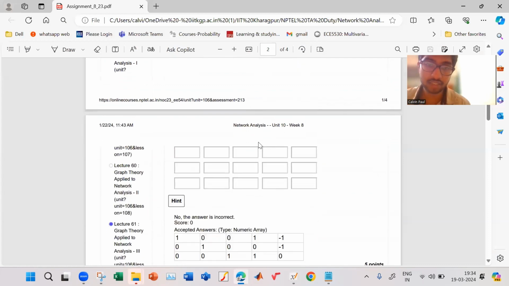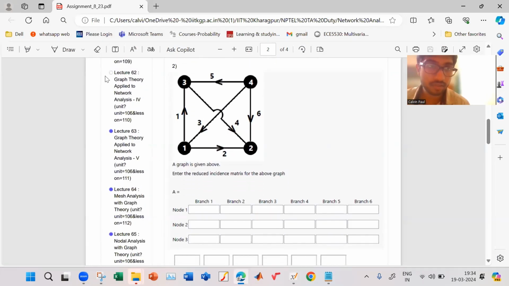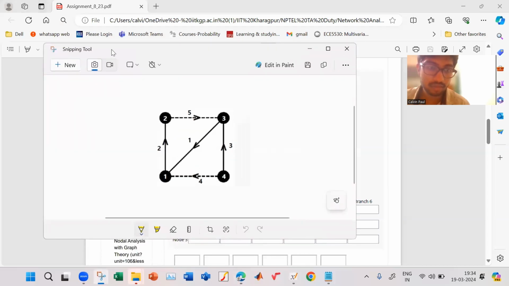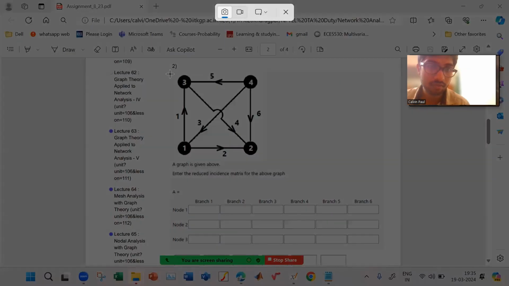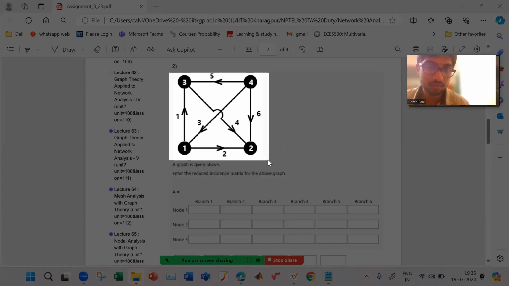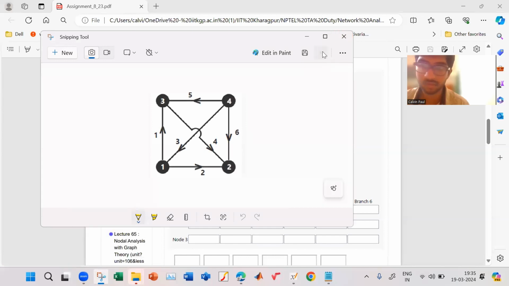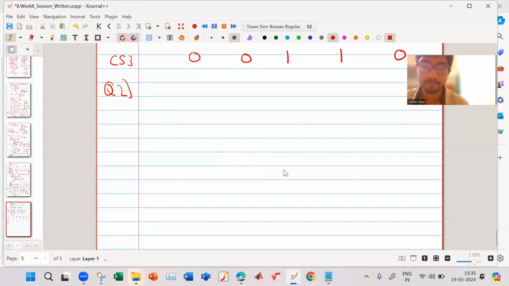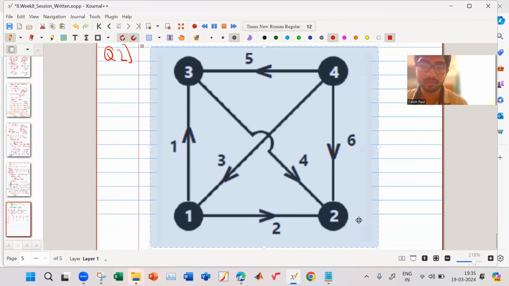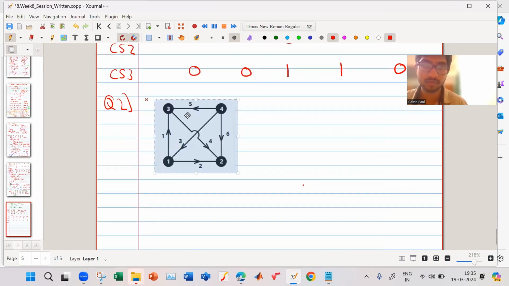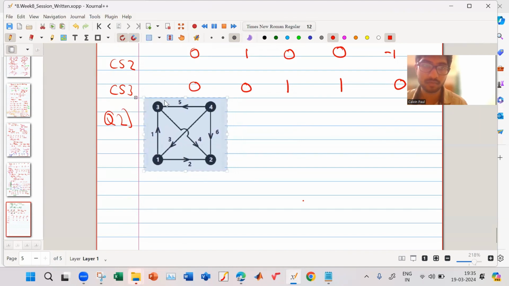Now let us go to the next question. So if you look at this, they have told us to find the reduced incidence matrix.